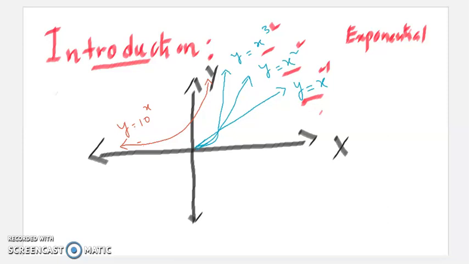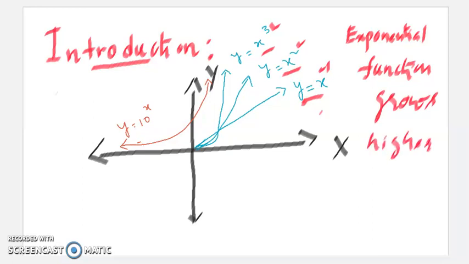So from this graph we conclude that the exponential function grows higher than polynomial functions. Right.